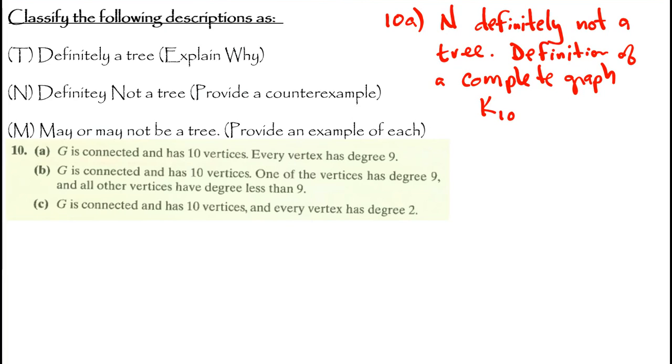10b, G is connected and has 10 vertices. One of the vertices has degree 9, and the other vertices have degree less than 9. So we would draw that out. My hunch is that it will be M, and I will say, how can I draw this?